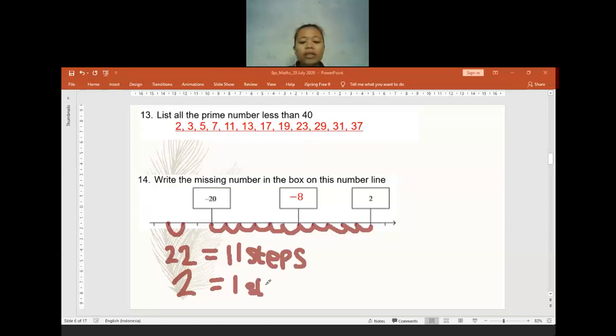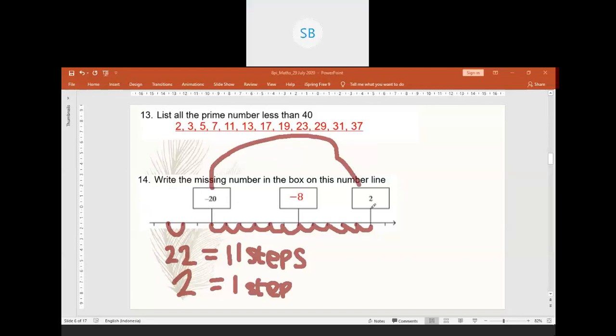So for question 14, I need to find the difference from the given numbers, negative 20 until 2. From negative 20 until 2, the difference is 22, right? 2 minus negative 20 is 22.